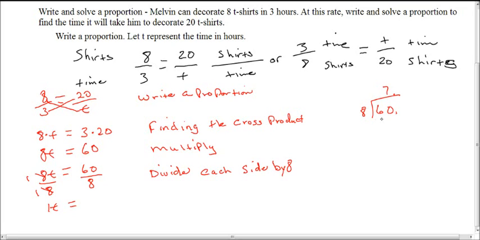So we'll put 7 and our 56, and we have 4 remaining, so we'll bring another 0 down here, and 8 goes here 5 times, and 5 times 8 is 40. So we see that 1t is equal to 7.5. And when we have a variable with 1 as a coefficient, we can simply write that as t is equal to 7.5, and we just simplify.